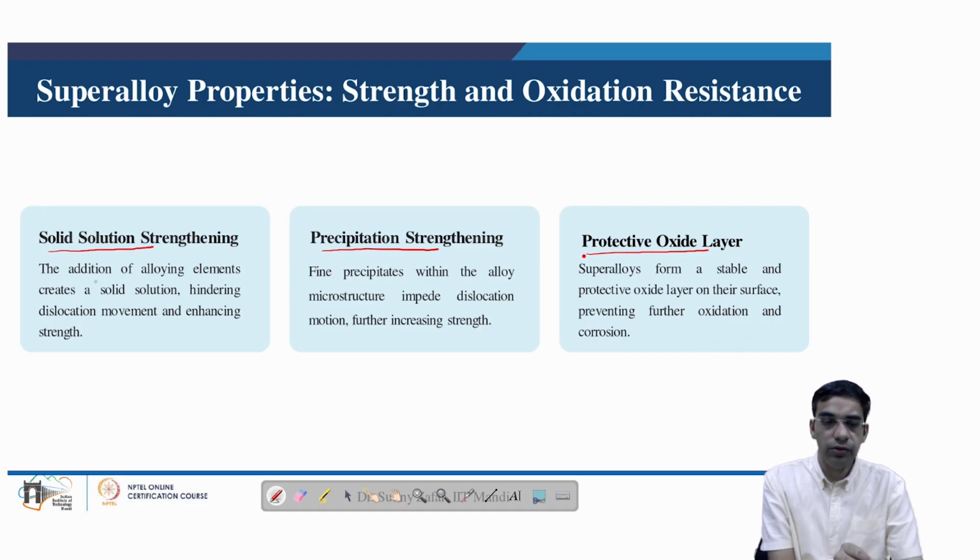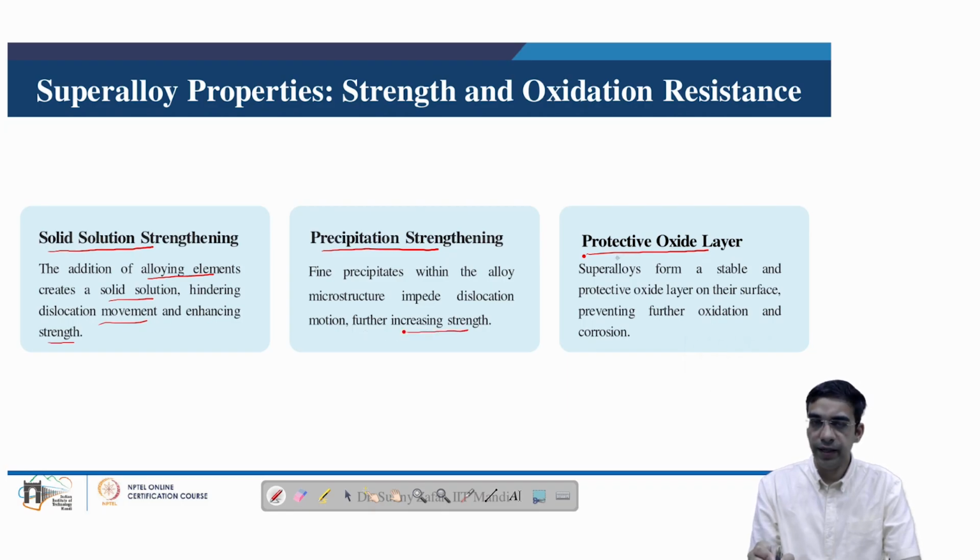Solid solution strengthening includes the development of the solid solution using specific alloying elements which hinder the dislocation movement, thereby enhancing the strength of the superalloy. In precipitate strengthening, fine precipitates are developed in the alloy microstructure which impede dislocation, which further increases the strength.